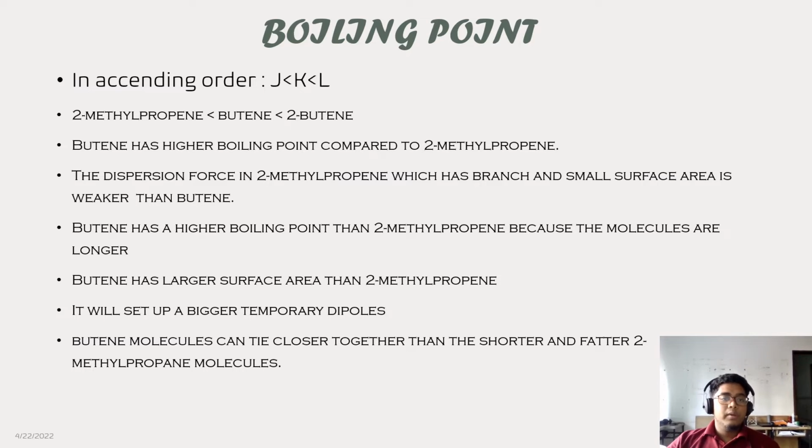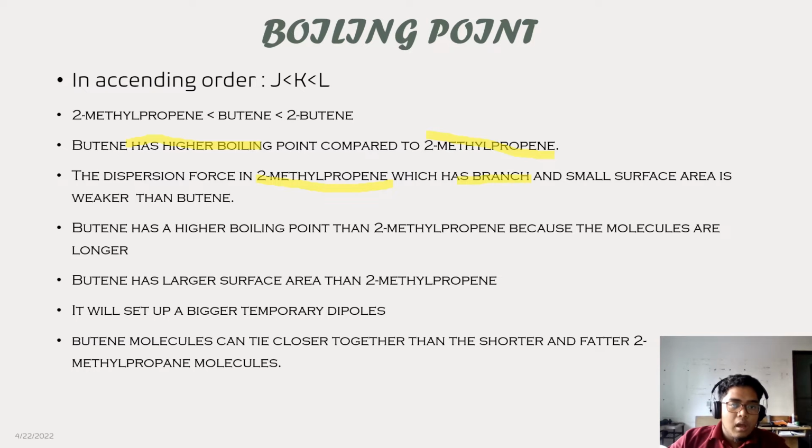Why? It is because butene has a higher boiling point compared to 2-methylpropene. The dispersion force in 2-methylpropene, which has a branch and a small surface area, is weaker than in butene. So butene has a higher boiling point because the molecules are longer.